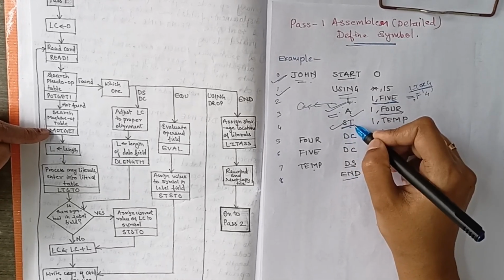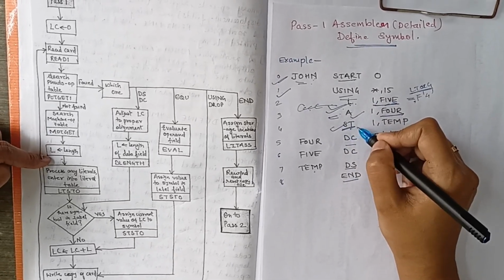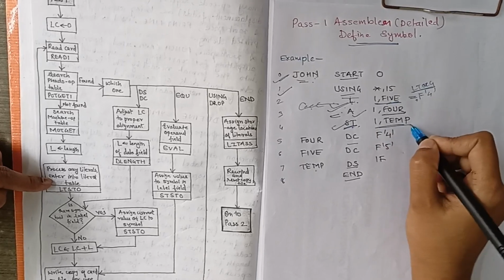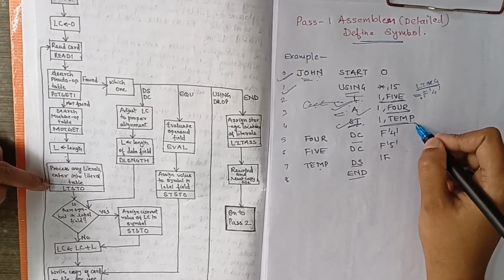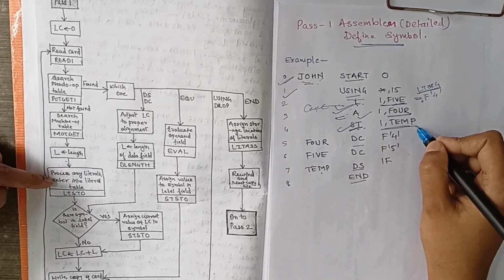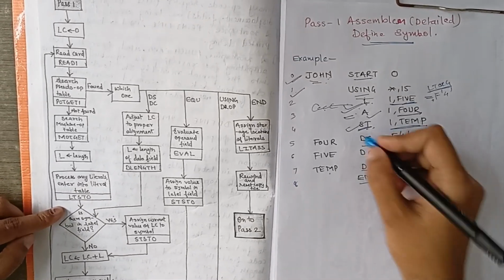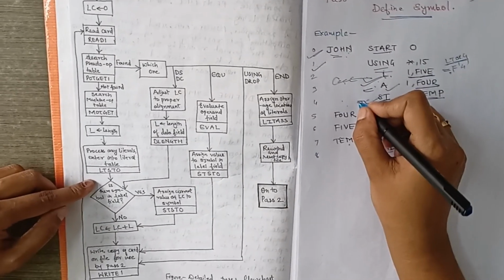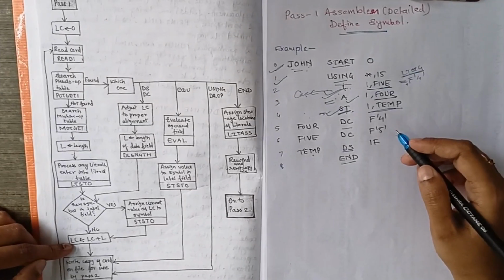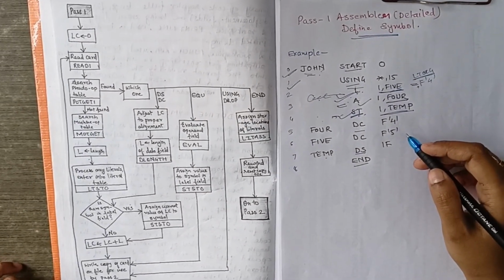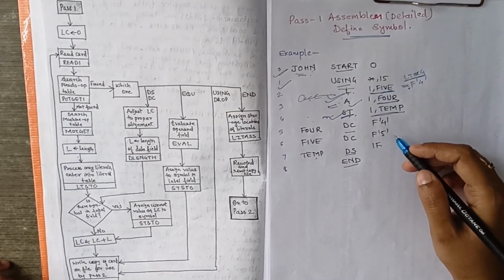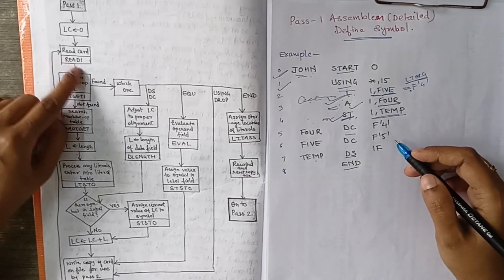ST is a machine op, so it provides the length to the ST. Then it checks for literals; if a literal is present, then we have to enter it here. Then it checks again for the symbol. No symbol is present, so the location counter gets incremented and it is punched into the card for pass 2 for generating the codes. Again the same process starts.